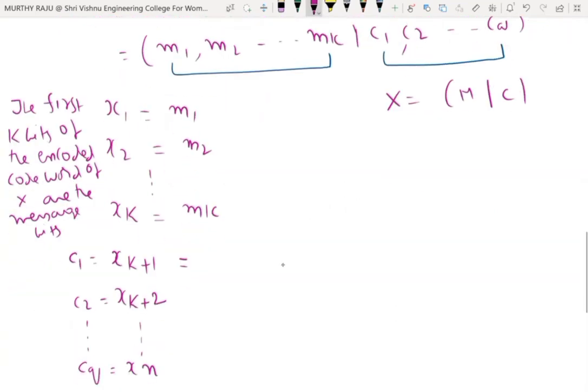First, xk plus 1 means linear combination of message bits: m1 exclusive OR with m2 exclusive OR with and mk.